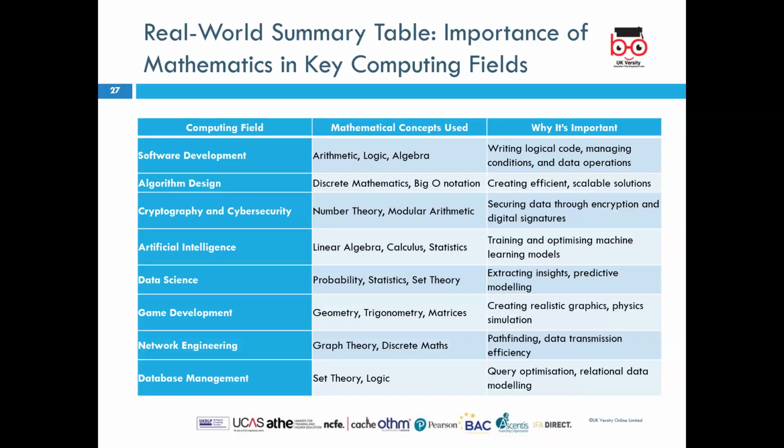Game development uses geometry, trigonometry, and matrices, creating realistic graphics and physics simulation. Network engineering uses graph theory and discrete maths, and its goal is pathfinding and data transmission efficiency. And finally, database management uses set theory and logic, and its goal is query optimization and relational data modeling.